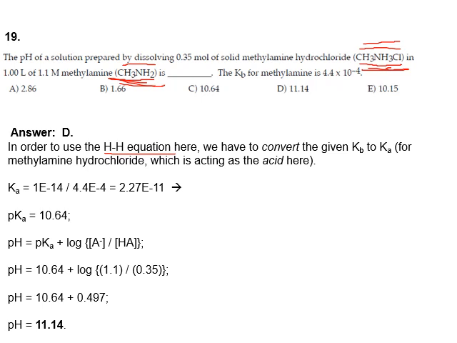So you'll put the concentration of this one on top. In other words, you'll put 1.1 on top and then put the concentration of this one on bottom. In other words, you'll have 0.35 on bottom. So your last term in your HH equation would be the log of 1.1 divided by 0.35.